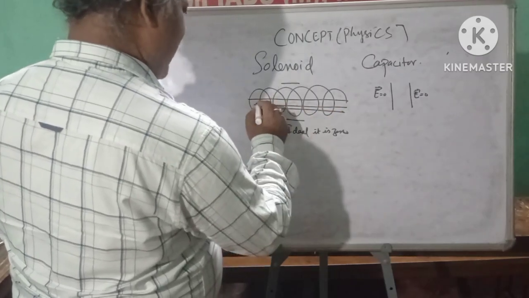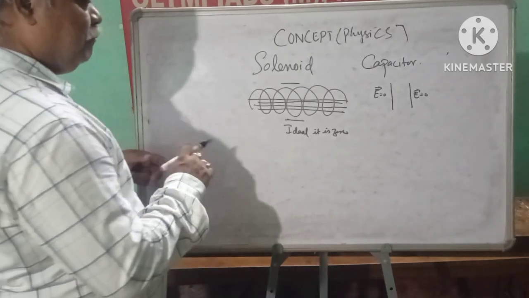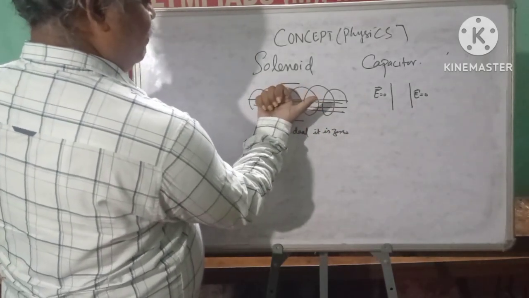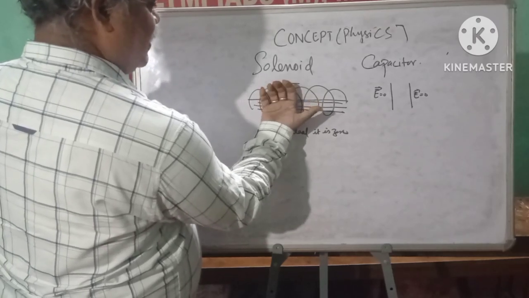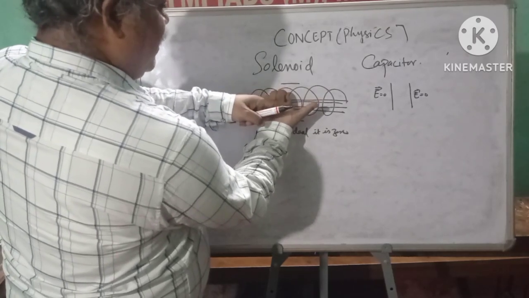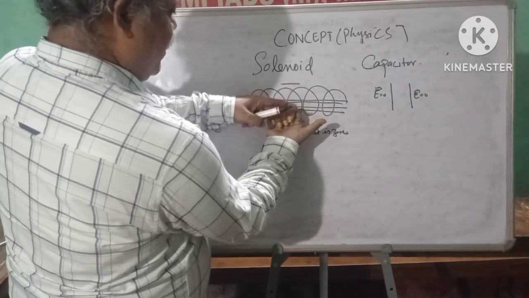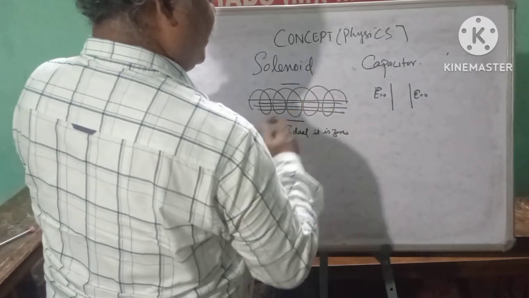And how will you determine the direction of the magnetic field? You take your right hand and curl your fingers. The curl will give the direction of the current in which it is flowing in the coil, and the thumb will give you the direction of the magnetic field.